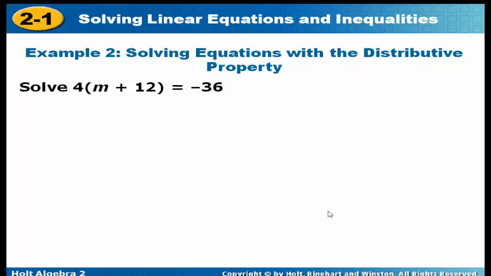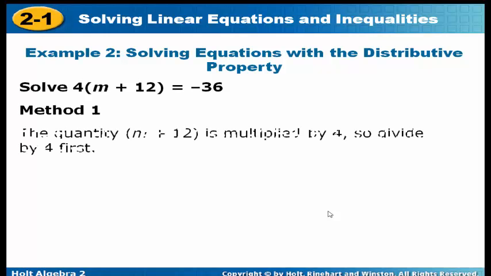Solving equations with the distributive property. Solve 4(m + 12) equals negative 36. First, the quantity m plus 12 is multiplied by 4, so divide by 4 first.